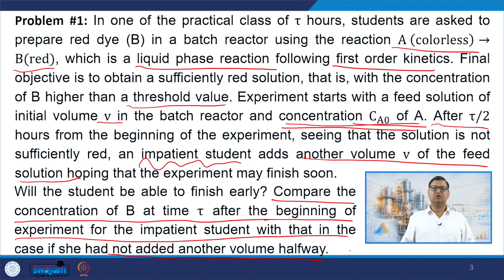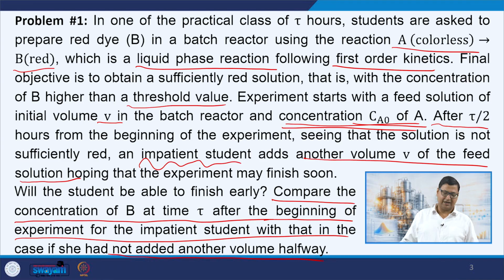So, if for example, the impatient student finishes early, that means he reaches the threshold value earlier, then the concentration of B we will obtain at time tau for the impatient student will be higher than the concentration of B that we obtain for the patient student.